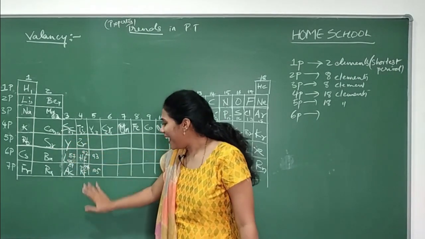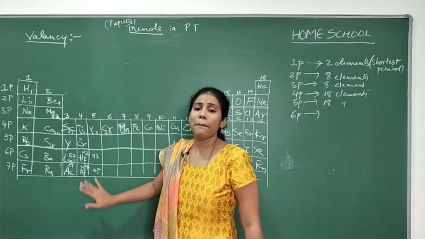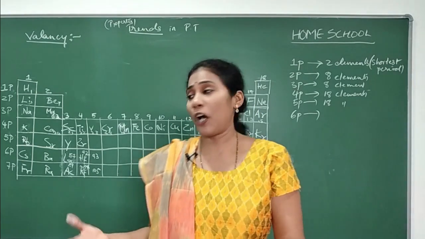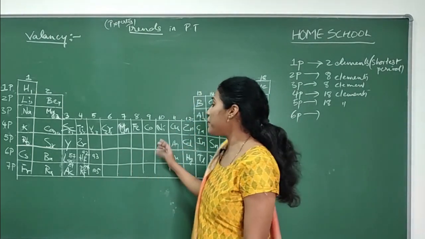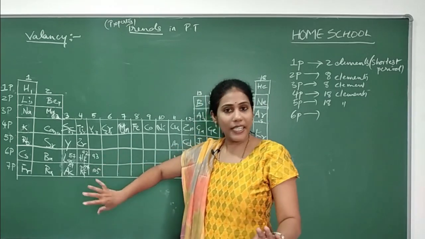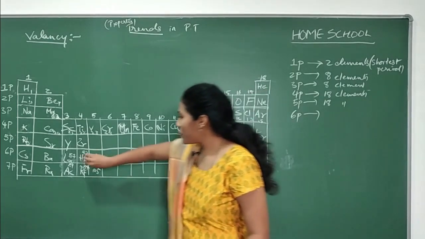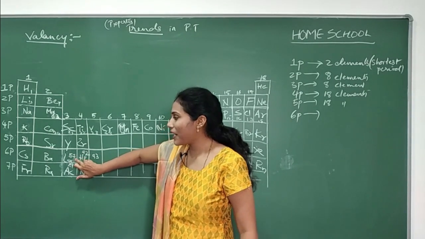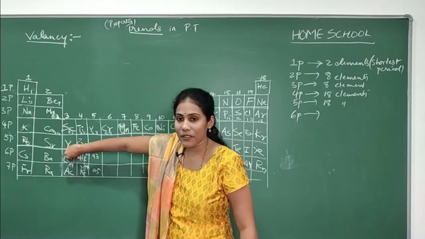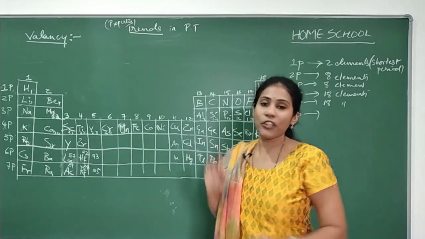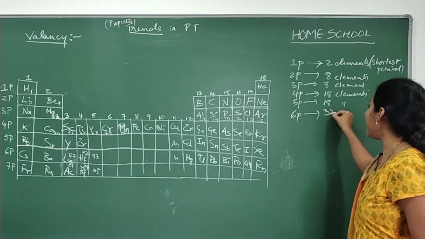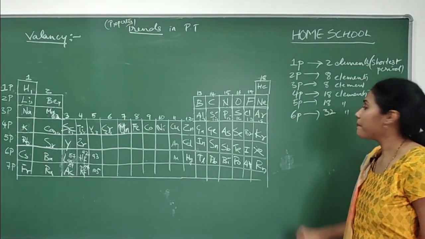Why they have been placed separately below the periodic table is because they have different properties, very much different from these elements. But their position is here, all the 14 elements belong here. So 18 plus 14 is 32 elements. The sixth period's capacity is 32 elements.